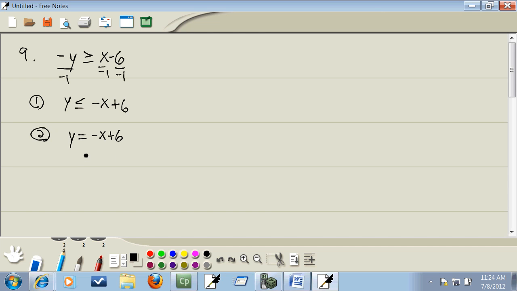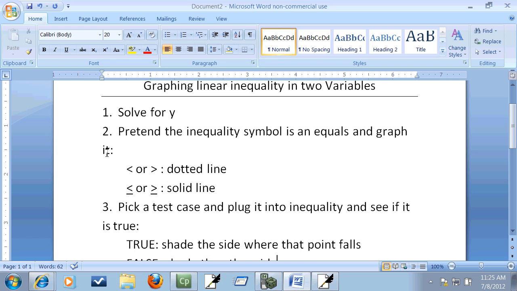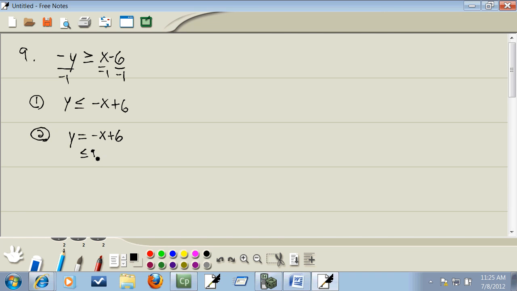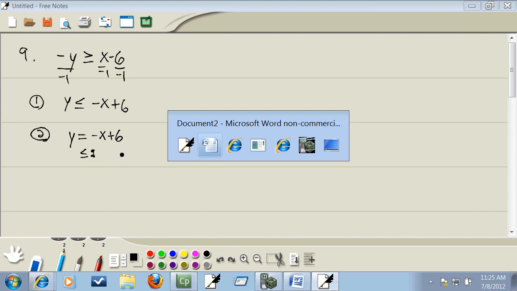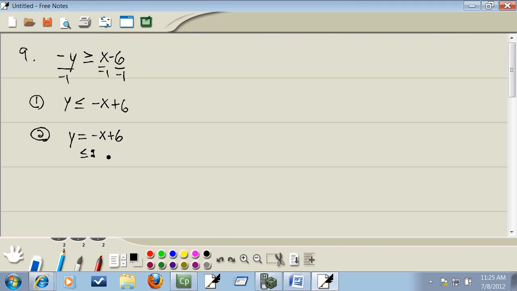Step 2, we're going to pretend the inequality symbol is an equals, and we're going to graph this. Less than or equal to tells us we're going to have a solid line. Now the 6 is our y-intercept.